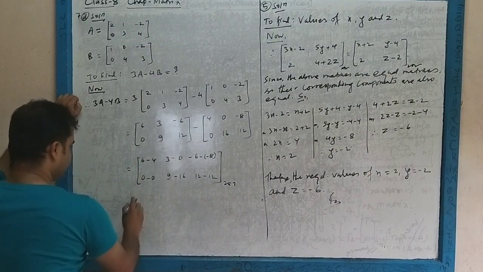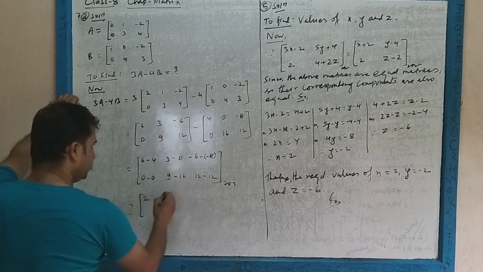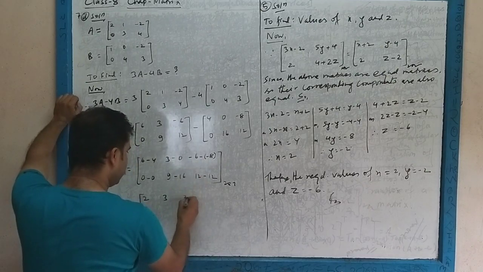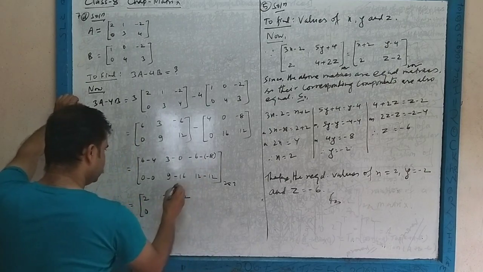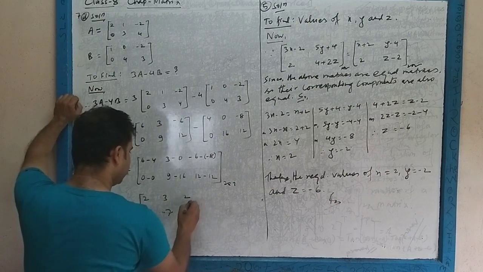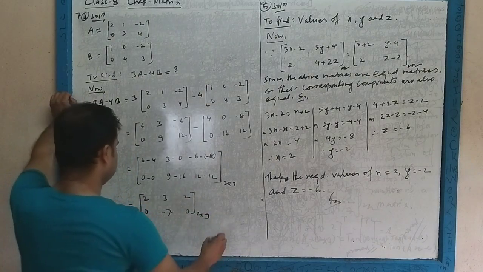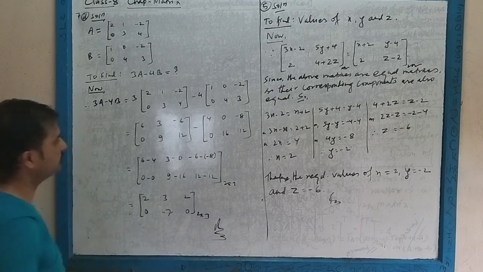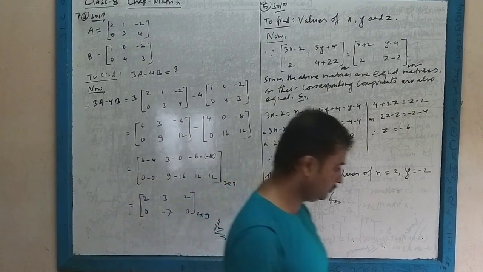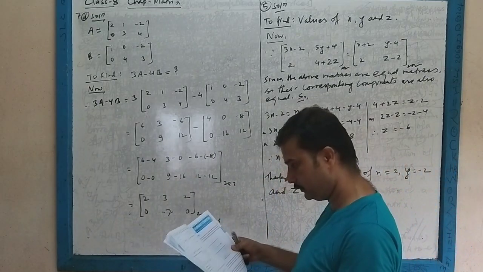So the value will be 2, 3, 0, minus 7, and 0. So this is your answer. It is very easy, just add and subtract and you get the answer. Okay, no problem. Go for next.